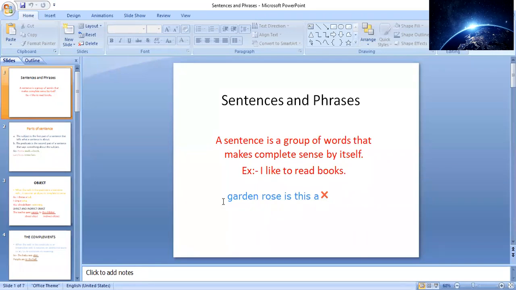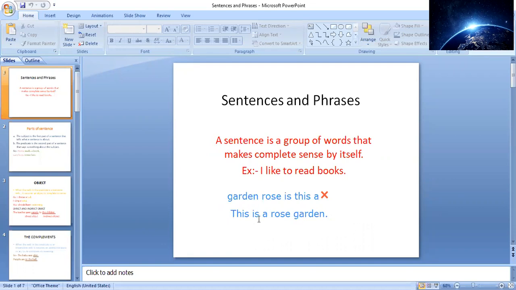Then, if I arrange these words, I'll get: this is a rose garden. This is a rose garden. Now can you understand the meaning? Yes, we can understand.